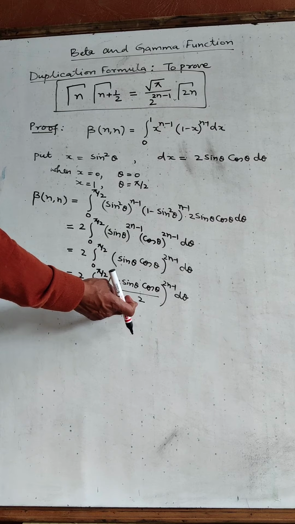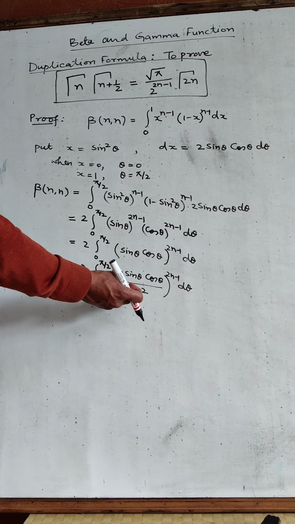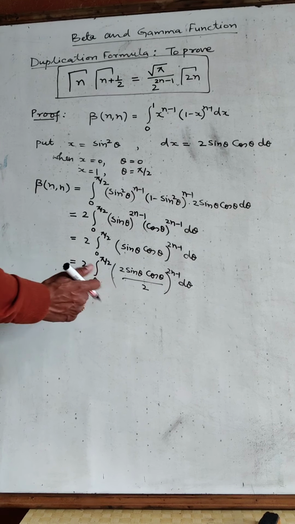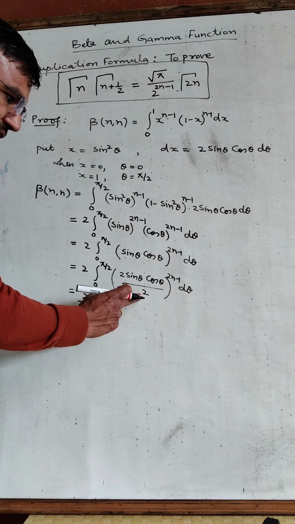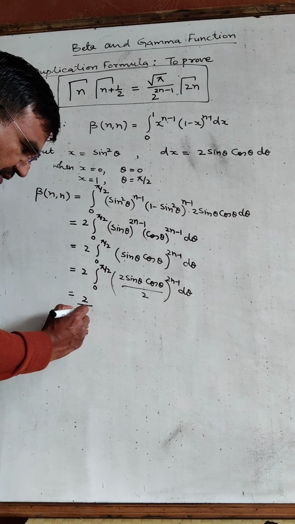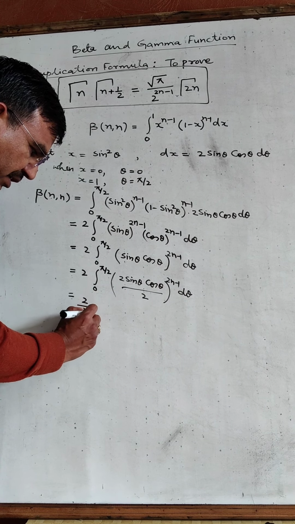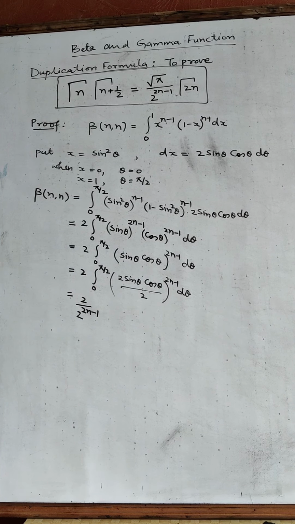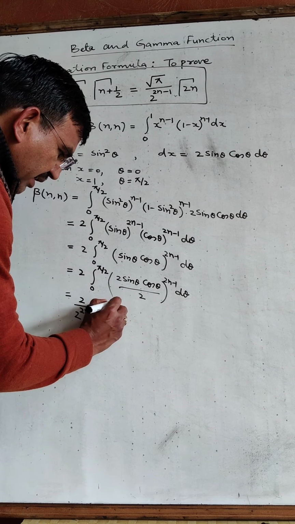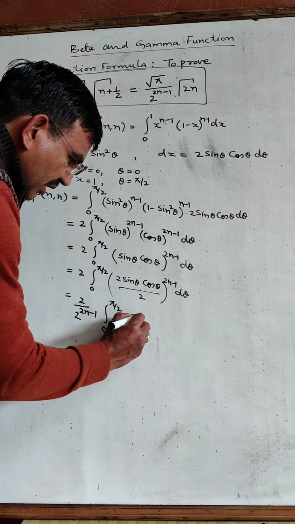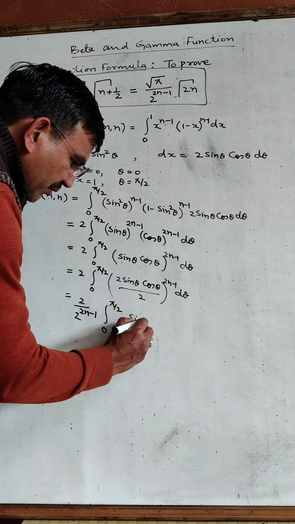From here we would take the constant outside, so it will be equal to 2 over 2 raised to the power 2n minus 1, and it would become the integral from 0 to pi by 2 of sine of 2 theta raised to the power 2n minus 1 d theta.